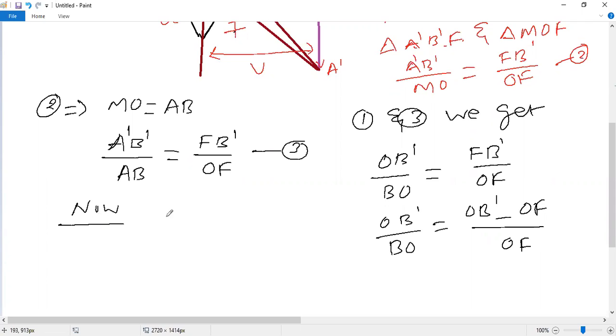The object distance OB or BO is equal to minus u using the sign convention. The image distance OB dash is plus v, because the image is at the right side. The focal length OF is plus f.